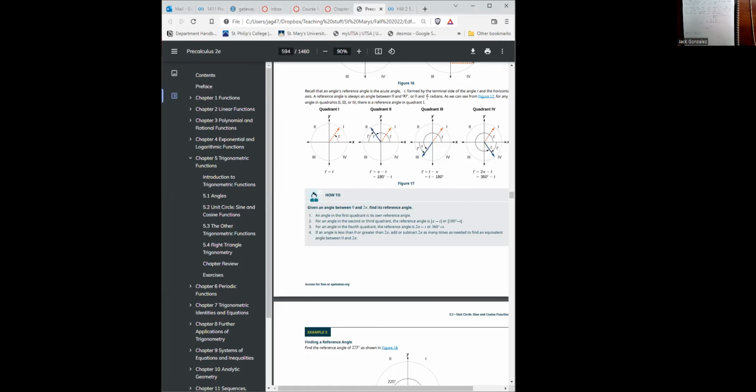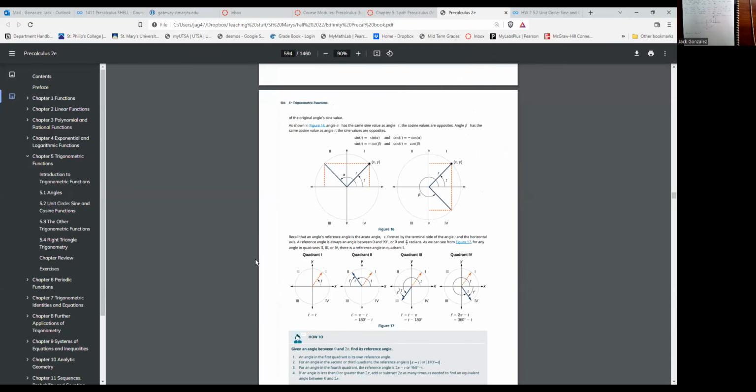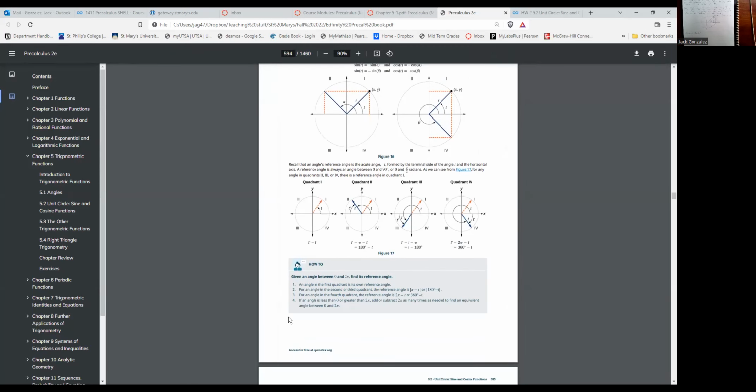Okay. Reference angle definition. There we go. Let me show you the page. This is in your book. Okay. That'll be easier just to see how you do it, right? So this is the part you're gonna need.